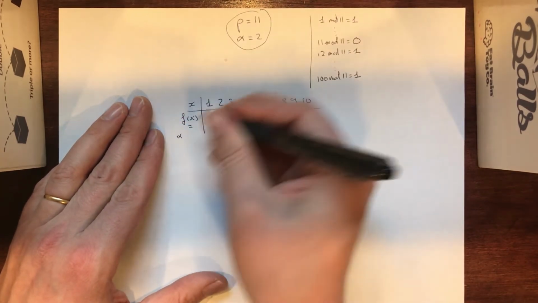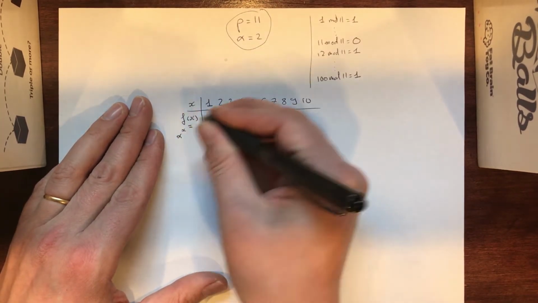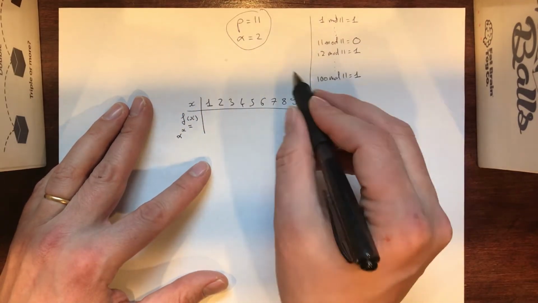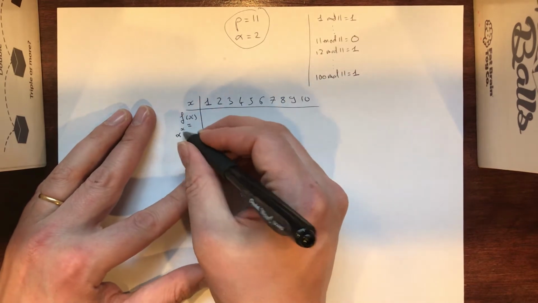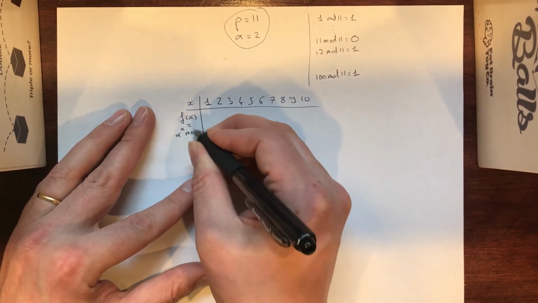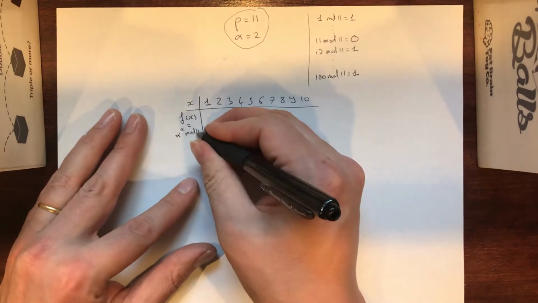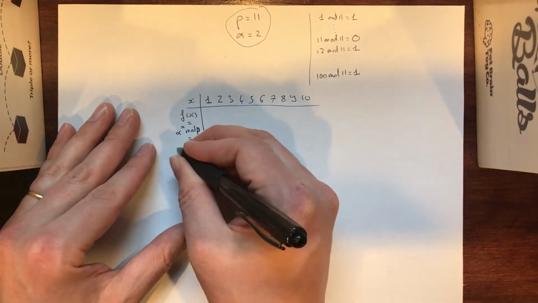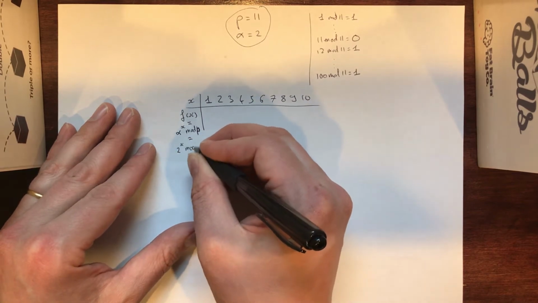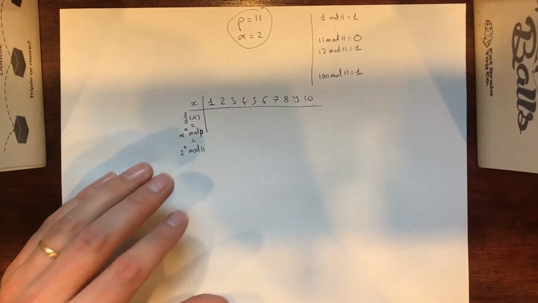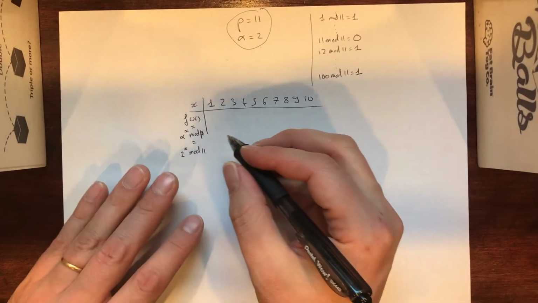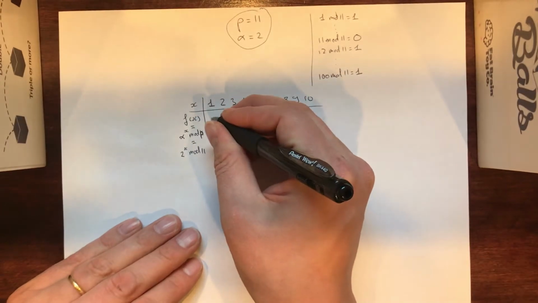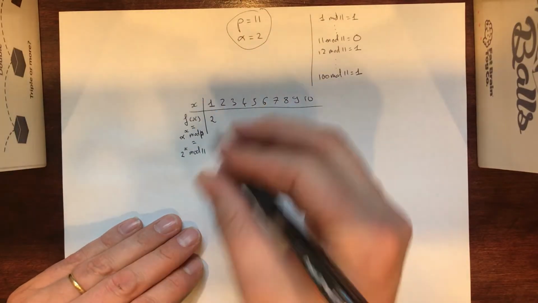And here is the function. I take alpha, here it's the number 2, to the power of x, and I try all the x numbers that are in my group except 0 and 11. Alpha to the power of x modulo p, if I use the parameter, but this is nothing else than 2 to the power of x modulo 11. It's actually very easy to compute. 2 to the power of 1 is 2, and 2 modulo 11 is of course 2.